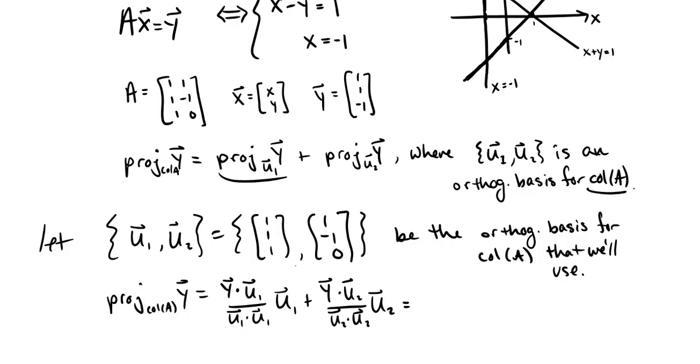Y dotted with U1, here's Y, here's U1. You can do the math there, it looks like we get 1. U1 dotted with itself, that's this guy dotted with itself, gives me 3. Again, check that. And we're multiplying this scalar 1/3 that we got by vector U1, so by 1, 1, 1.